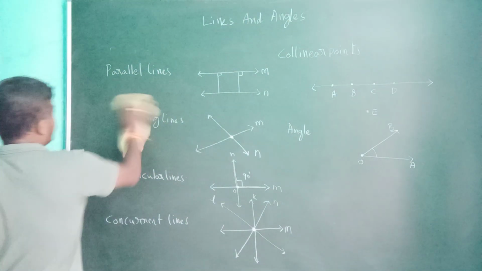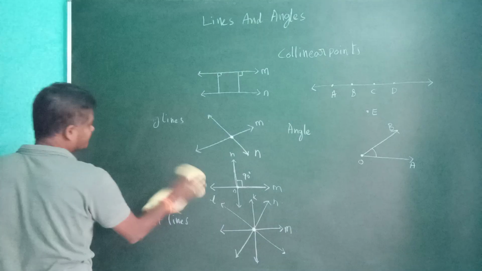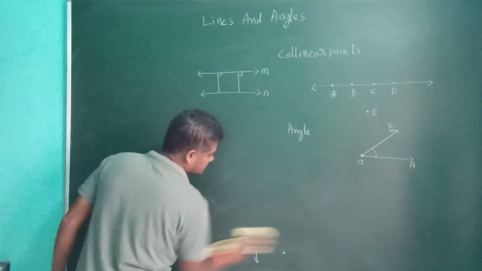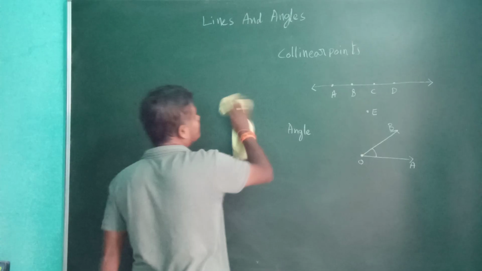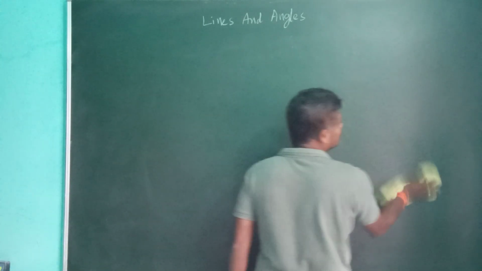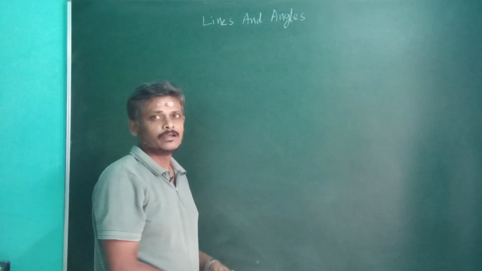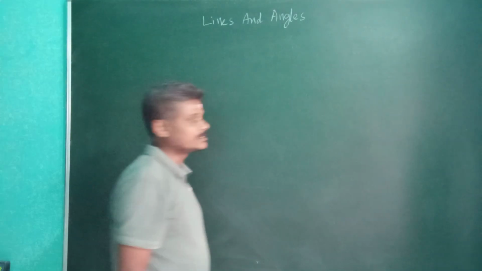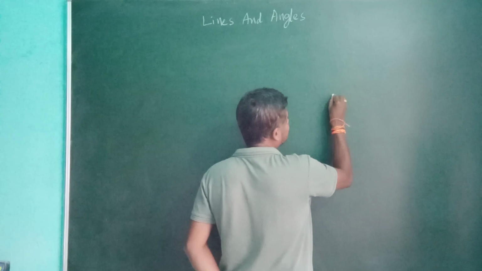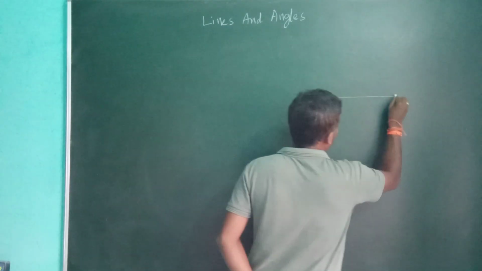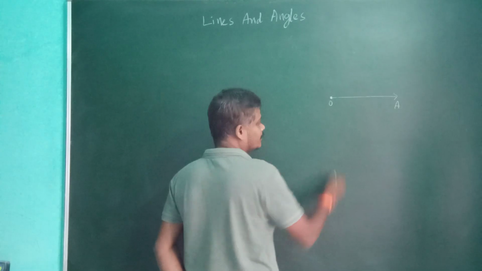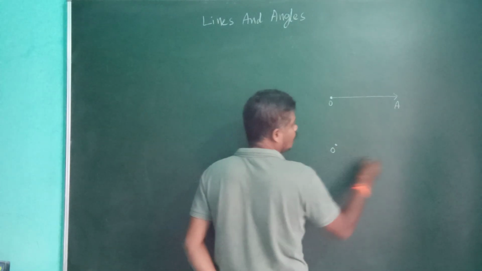Based on the angles, we have different kinds of angles. When rays coincide or when they do not coincide, they form different angles. Taking two rays, we will understand different kinds of angles. Let this be a ray OA and this another ray OB.